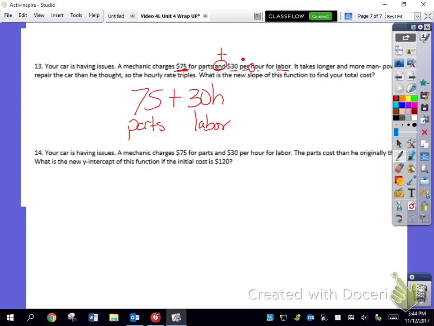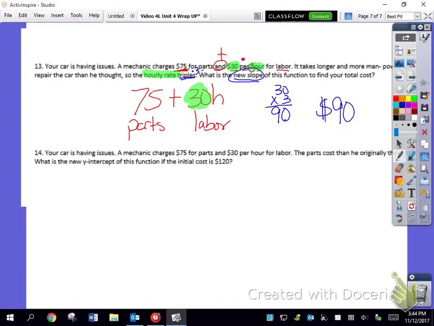So the hourly rate triples. The hourly rate, that's 30. So 30 is going to triple. What does triple mean? Triple means times 3. So you're going to say 30 times 3, which is 90. So what is the new slope? The new slope is 90.